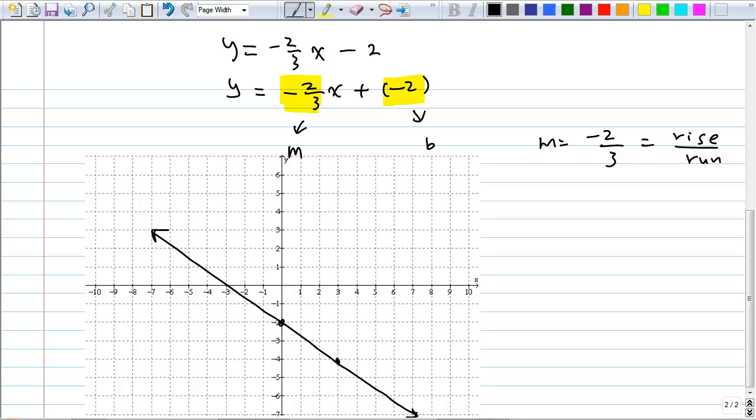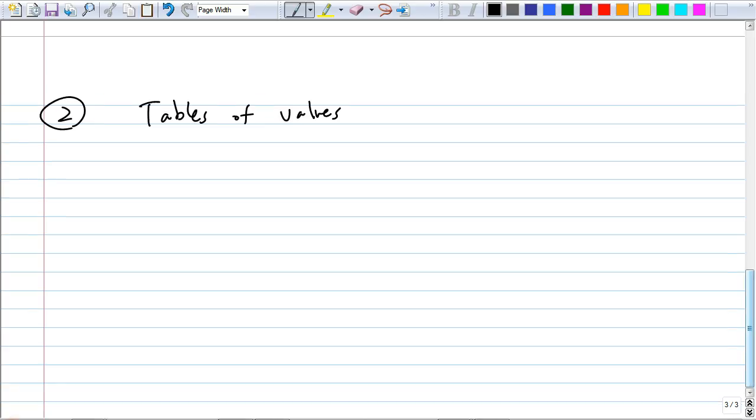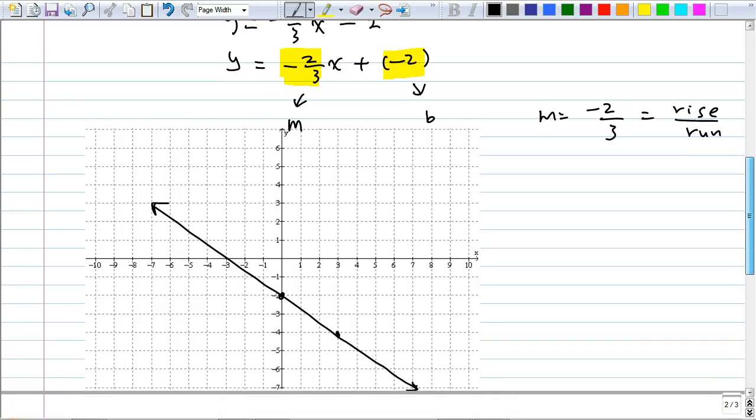Now the second method of graphing the line, let's graph the same exact line as before. The second way, do you guys remember, was using tables of values. This is not the fastest way, but we do this to check and see if we got the right graph, if we're not so sure.